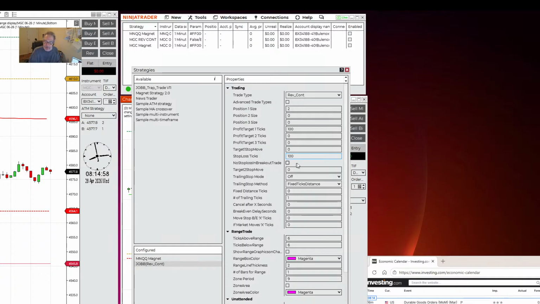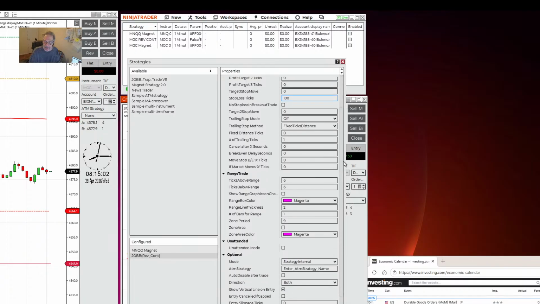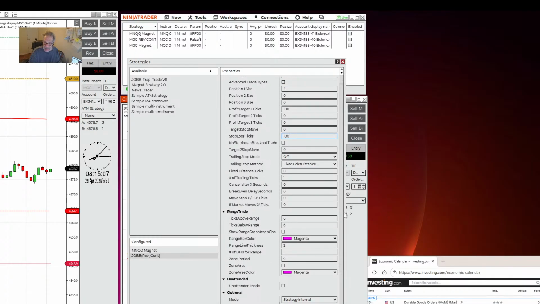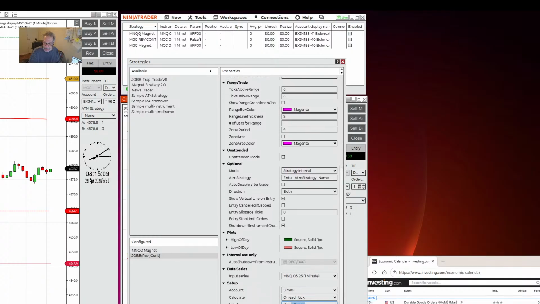Remember, reverse continue is a safe scalp. Safe because it has a target and a stop. We'll label it MNQ reverse continue. And it's in account number 40. That's our MNQ account for the morning.